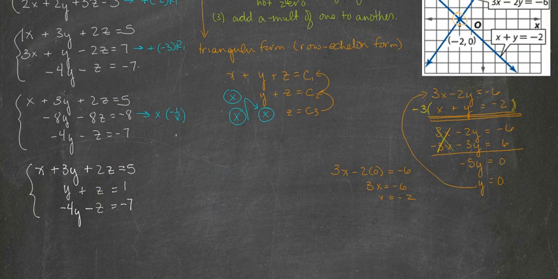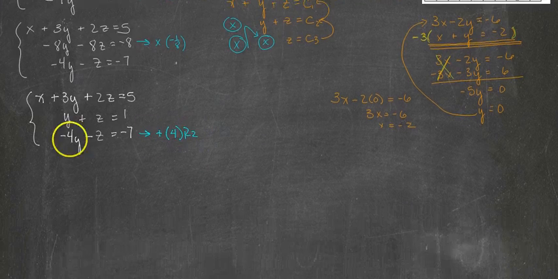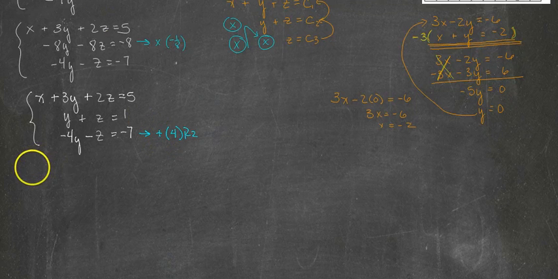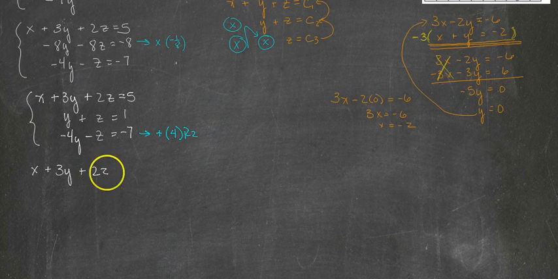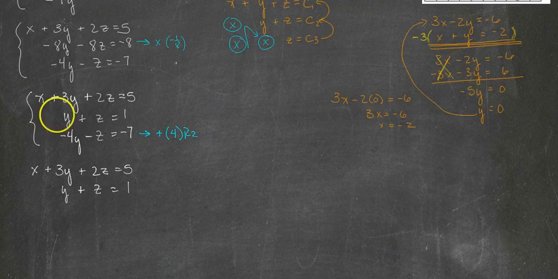Now, super easy for me to change this third row by adding 4 times row 2. So if I'm changing the third row, the 2 rows I'm not changing, x plus 3y plus 2z equals 5, and y plus z equals 1, and now the row I'm going to change.